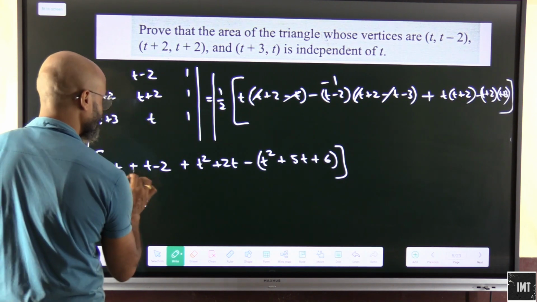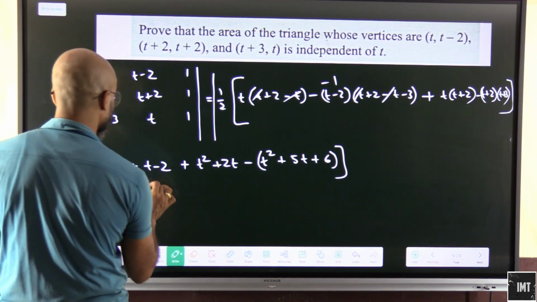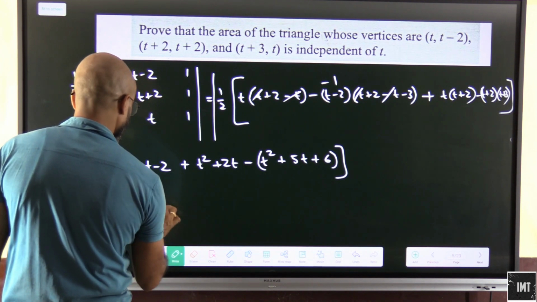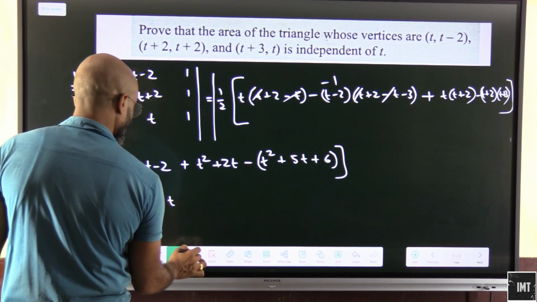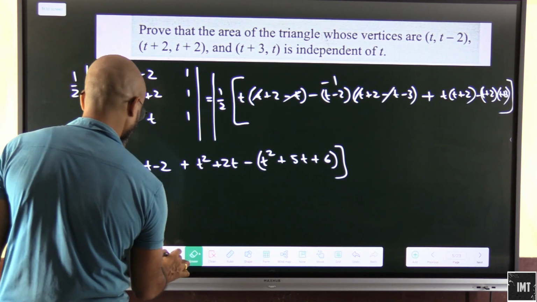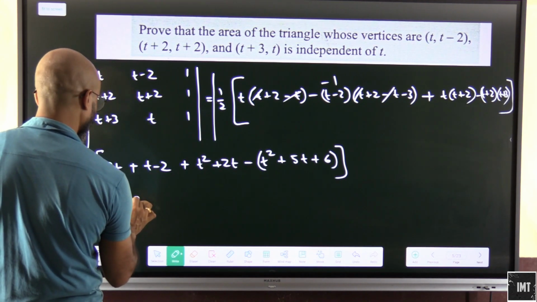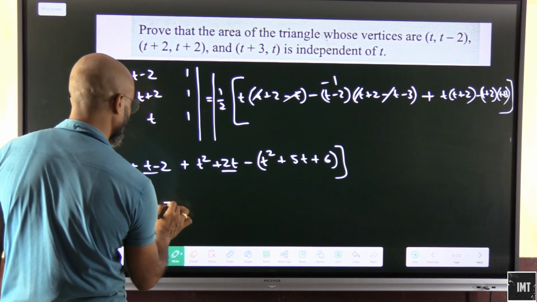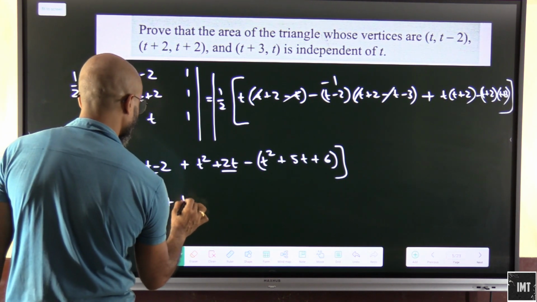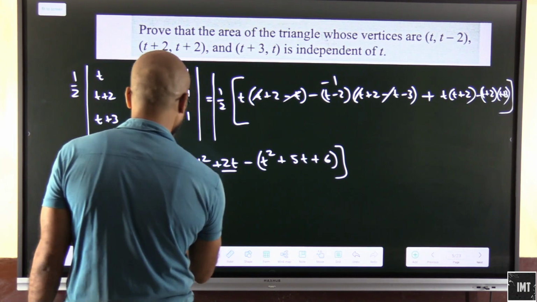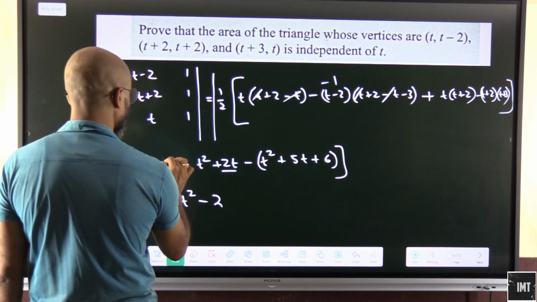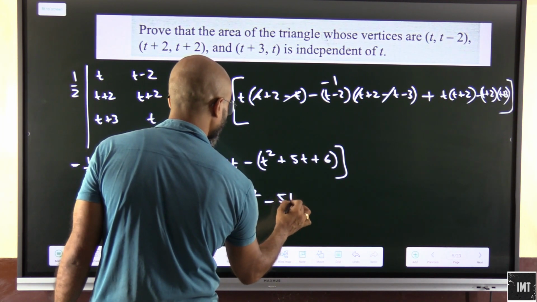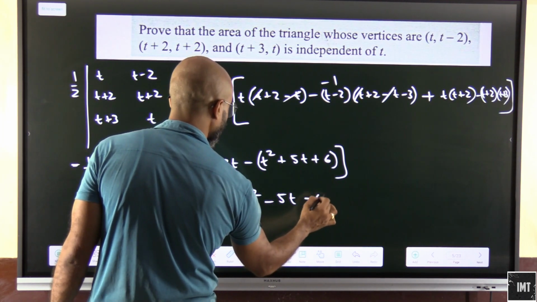2t, so this will be 2t plus t, 3t. 3t, this will be 5t, 2t plus t plus 2t is 5t, that will be plus t square minus 2 minus t square minus 5t, and this will be basically minus 6.